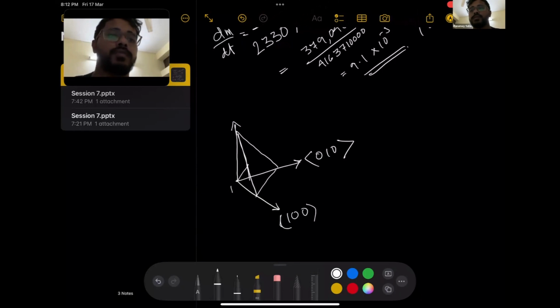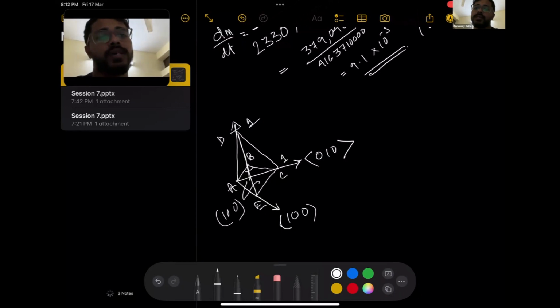So here you can see A and B, and these are all unit length, this being your E. These are your 100 planes again. Now this angle you have to find out.